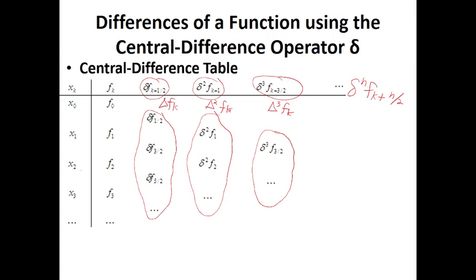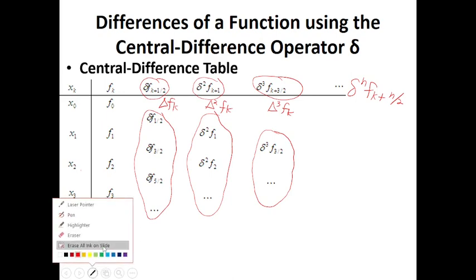Uppercase delta squared f sub k is equal to lowercase delta squared f sub k plus 1. Uppercase delta cube f sub k is equal to lowercase delta cube f sub k plus 3 halves. Okay? So they are equal. So we now proceed.